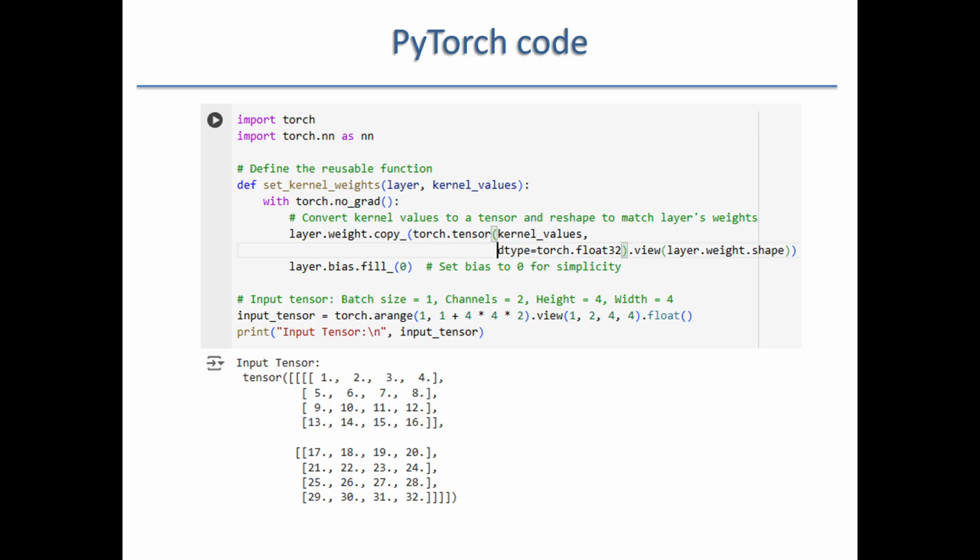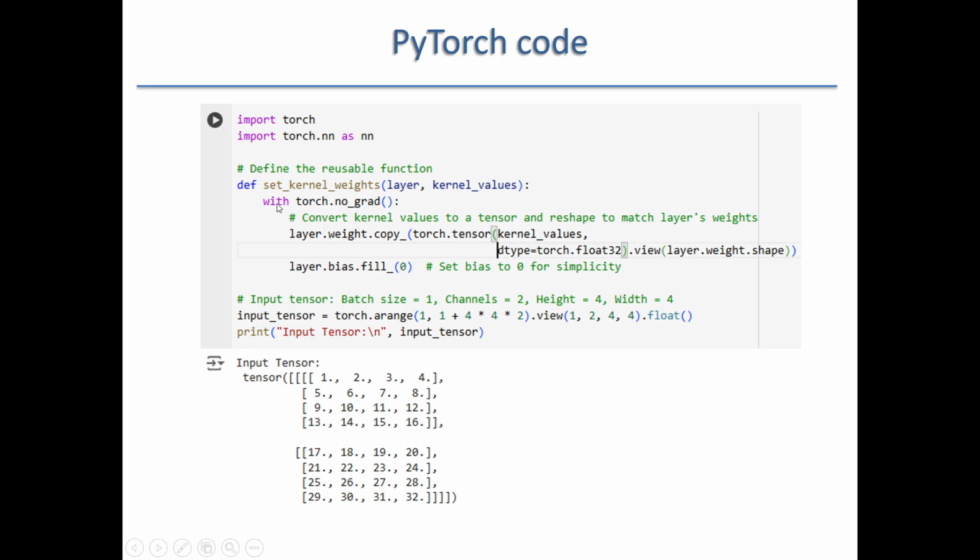For instance, here we have a function to simply copy some kernel values that we are given to the weights of some layer. It is interesting how the libraries are internally constructed.